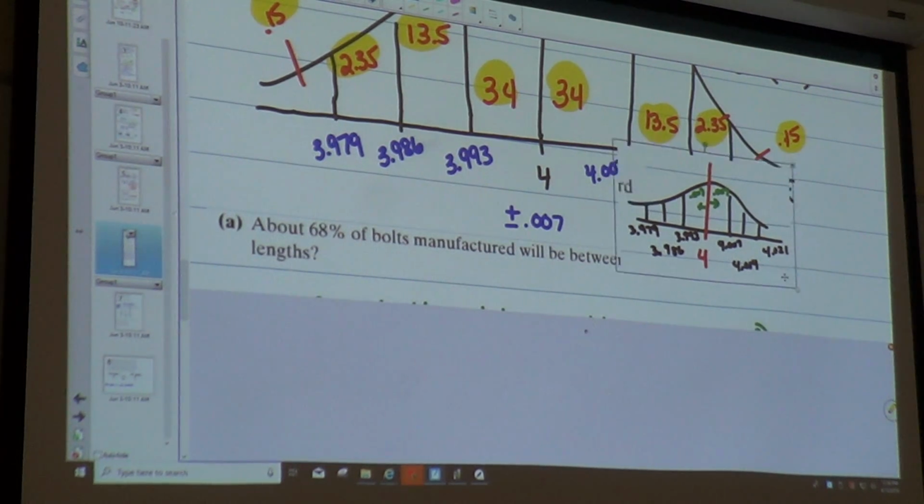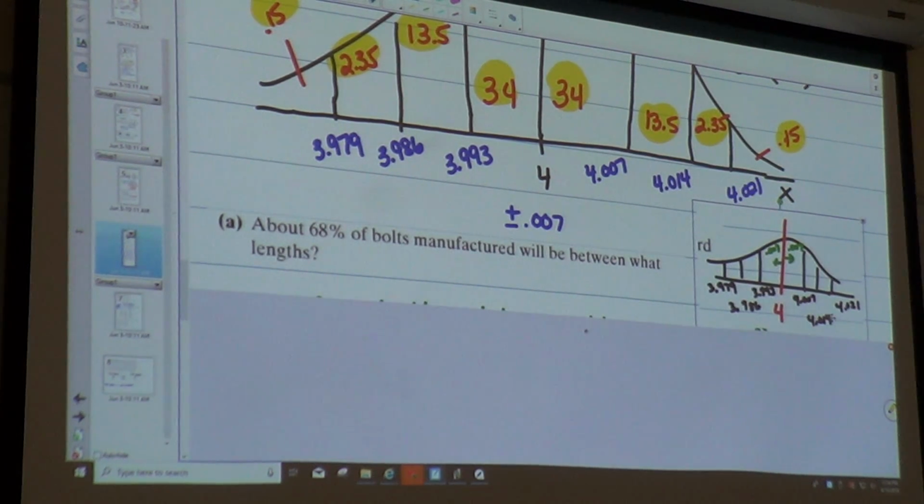So, they're telling you 68%. 68% is just a fancy way to tell you that we're doing how many jumps? One jump in either direction, each way. So if I go one jump and one jump, this is 68%. Now, they didn't ask you the percentage, they wanted to know what two links.